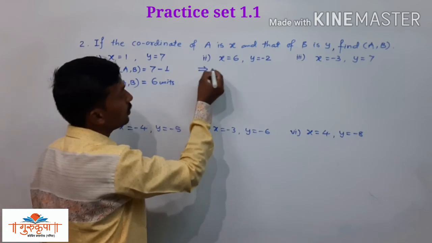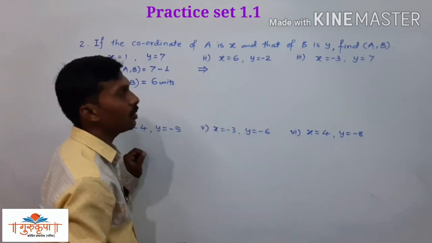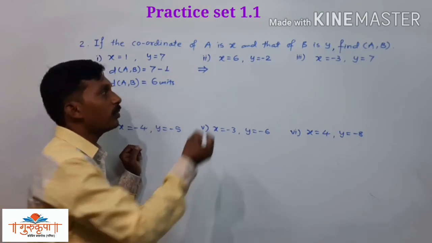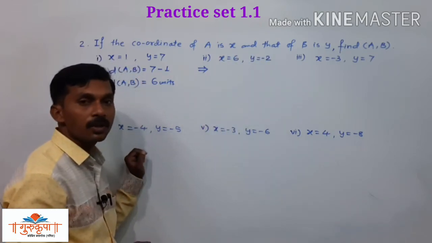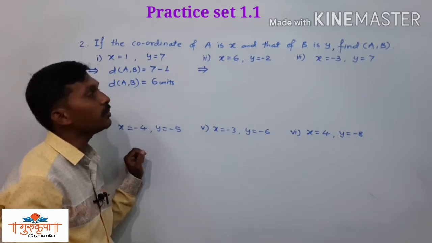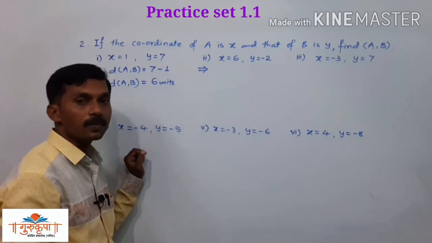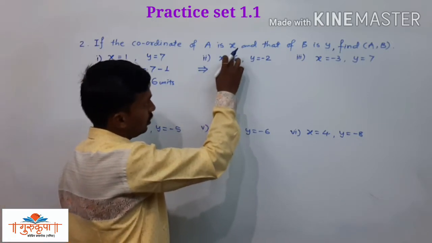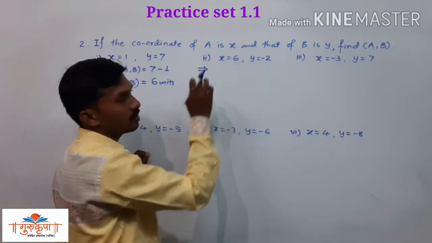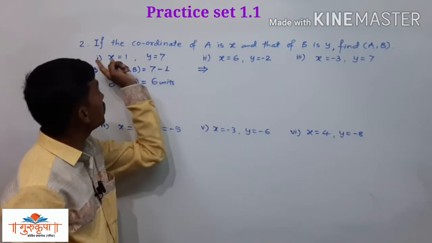In the second example, x is equal to 6, that is the coordinate of the point A is 6, and the coordinate of the point B is minus 2, and we have to find the distance between the points A and B. Now you are not seeing A and B here, so see the question carefully.